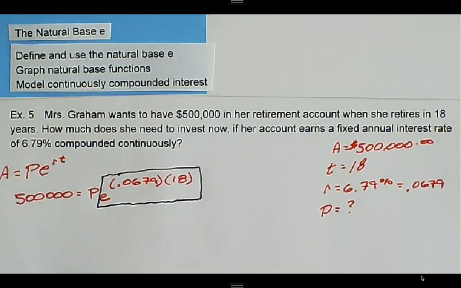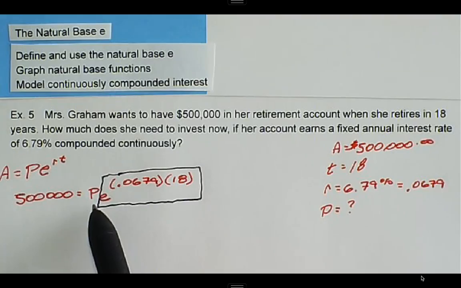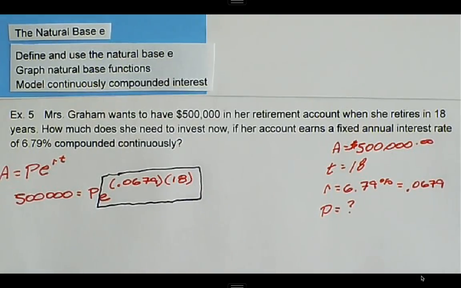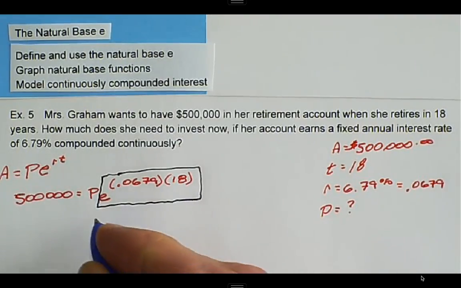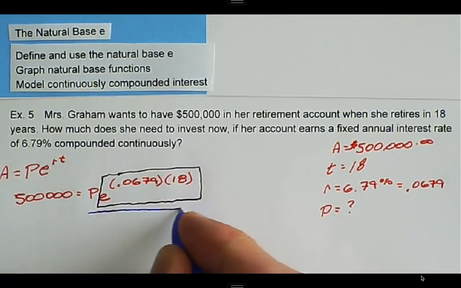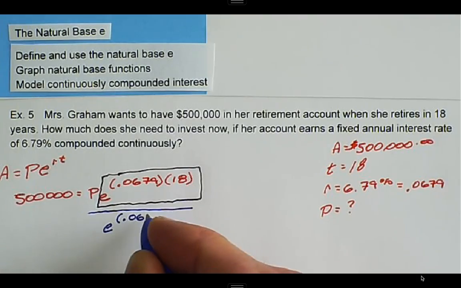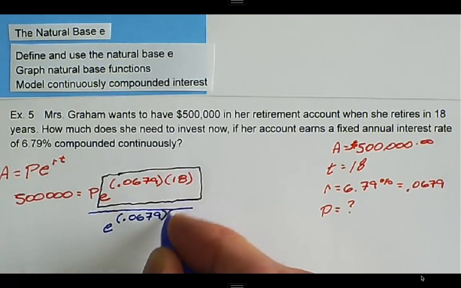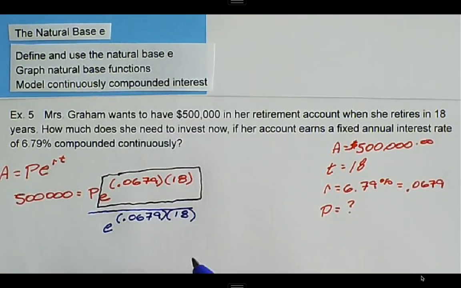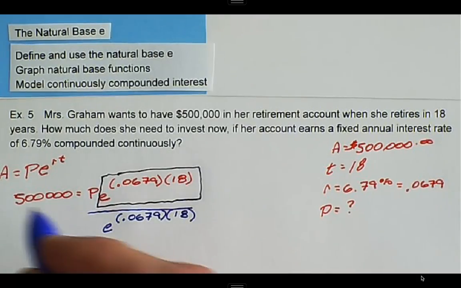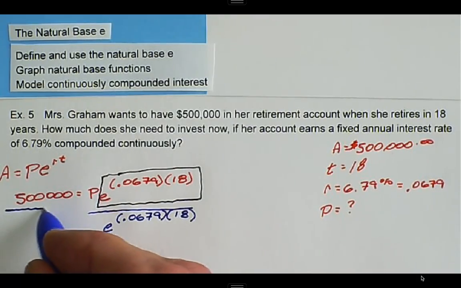To get P by itself, we have P multiplied by e raised to 0.0679 times 18, so we just divide by e raised to the 0.0679 times 18, and I have to divide the other side by that as well.